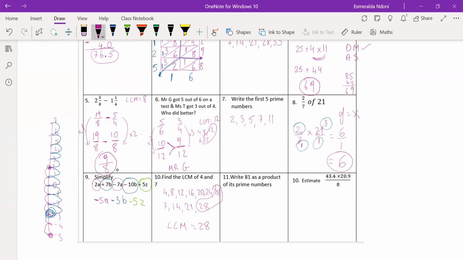That's finished. Question 11. Write 81 as a product of its prime numbers. So this is a tree thing that we'll be doing. So we're going to split 81 into numbers that make it when multiplied. Important, when multiplied. So 9 times 9, 81. Then you ask yourself, is 9 prime? The answer is no. So you split 9 again into prime numbers.